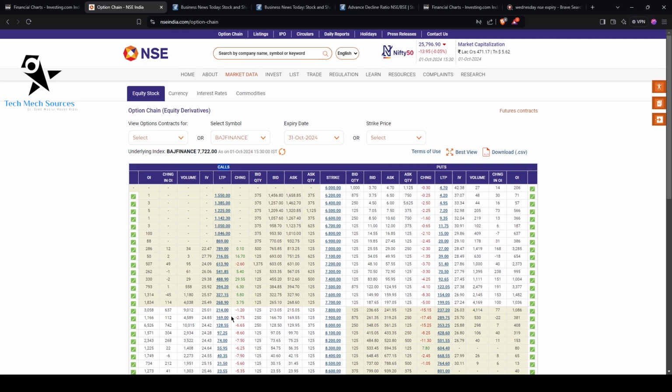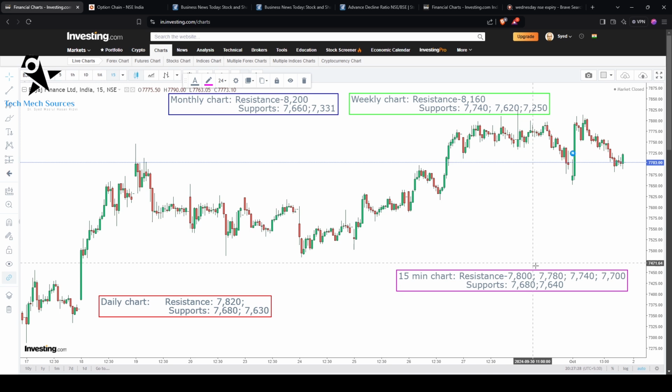If you see the call, we are talking about 31st October. 7,800 call is very costly, 214, and it is not the safe zone. Why? Because you cannot sell 7,800, because 7,800 is the daily resistance, 7,820. Here is where the resistance and the supports come to your rescue.